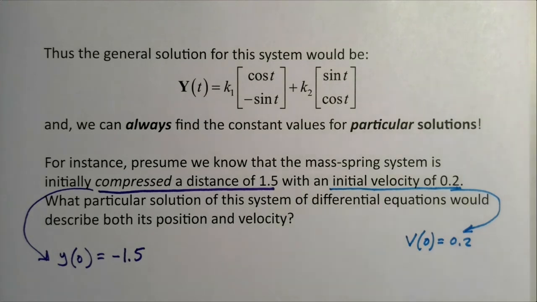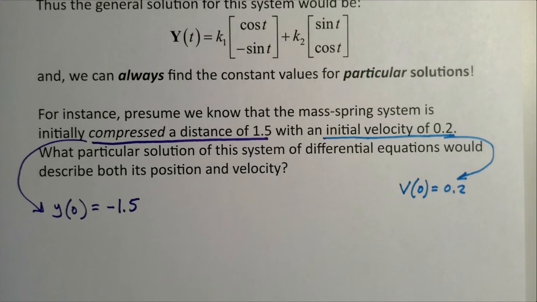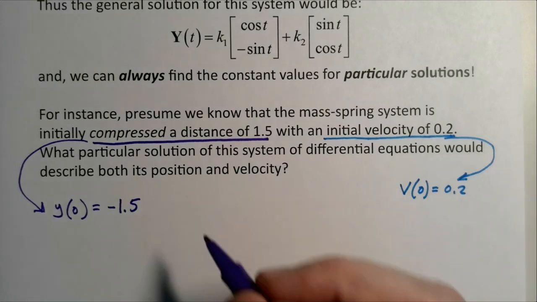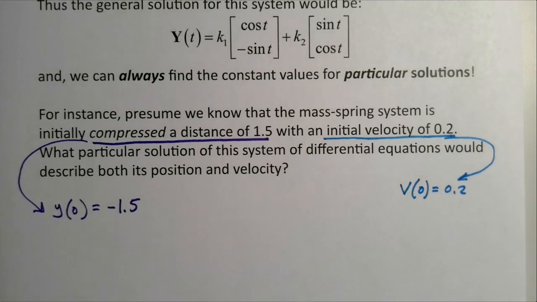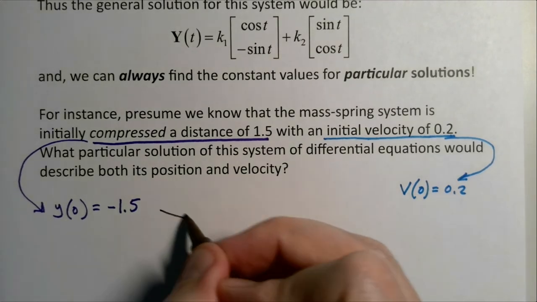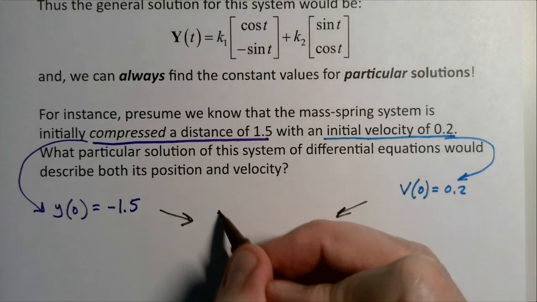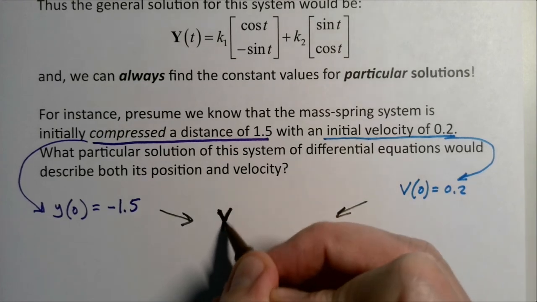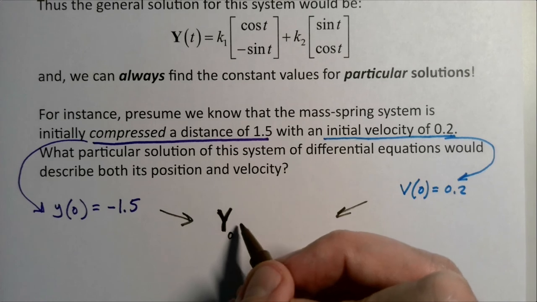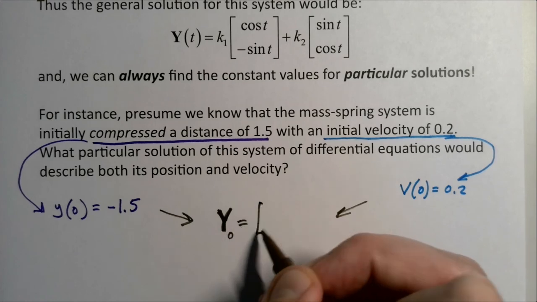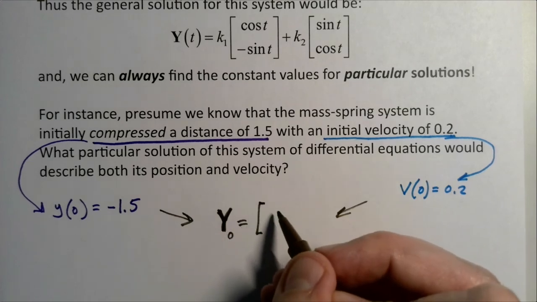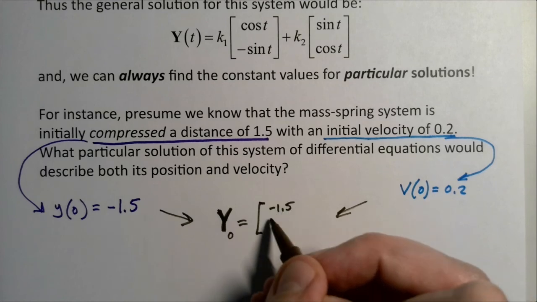And so I'm going to scoot this up a little bit, and put these two together and say we have an initial condition in matrix form that looks like this. Remember, the top is my y, so this would be negative 1.5, and the bottom would be 0.2.